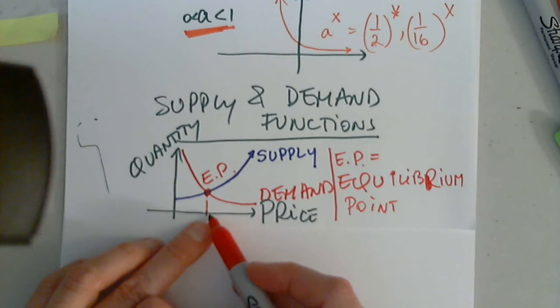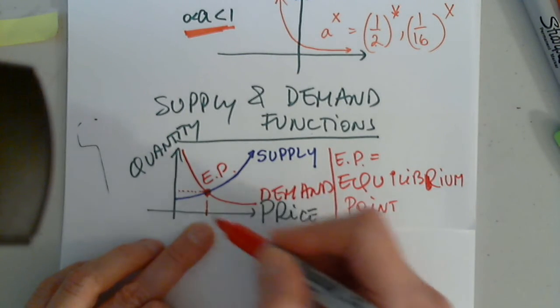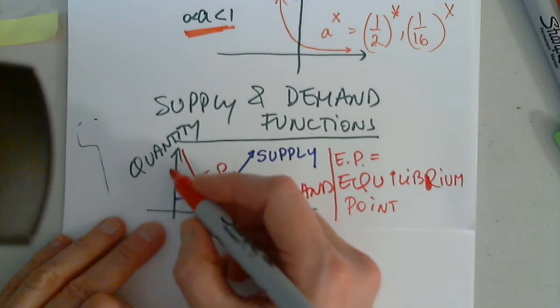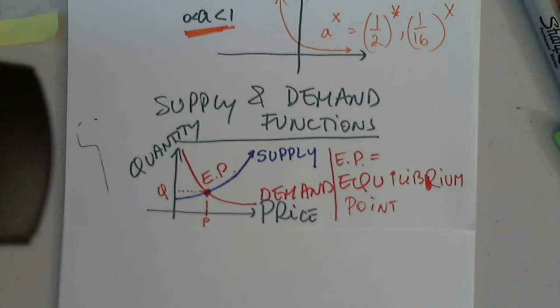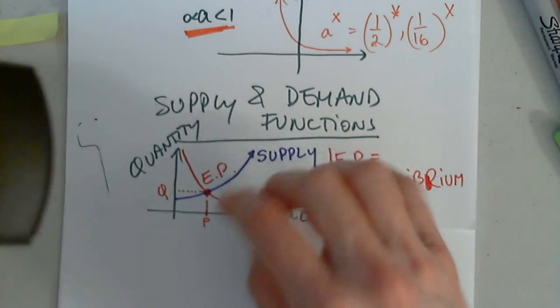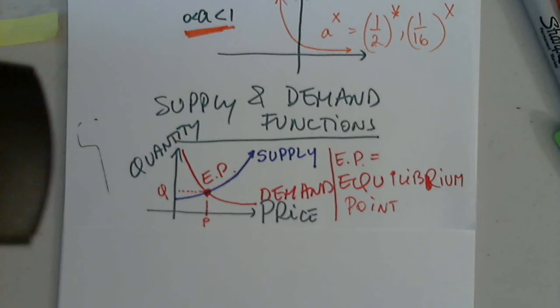We are happy to buy at this price, and they are happy to produce at this price. So this is P, and this is quantity. Everyone is happy. Where these two lines intersect, we're happy with the price, they're happy with their profit.